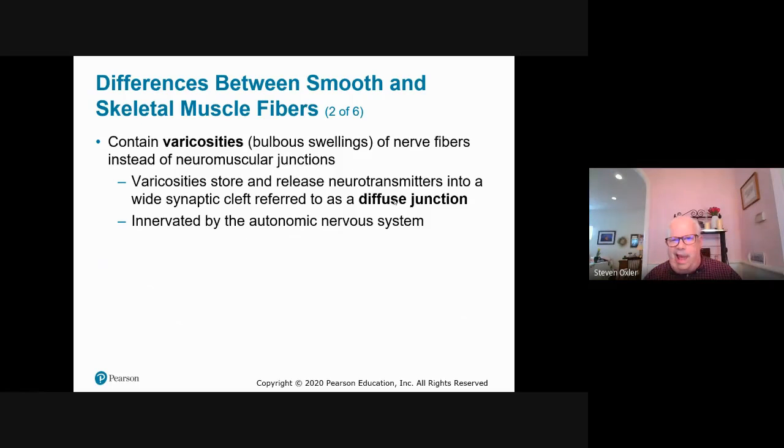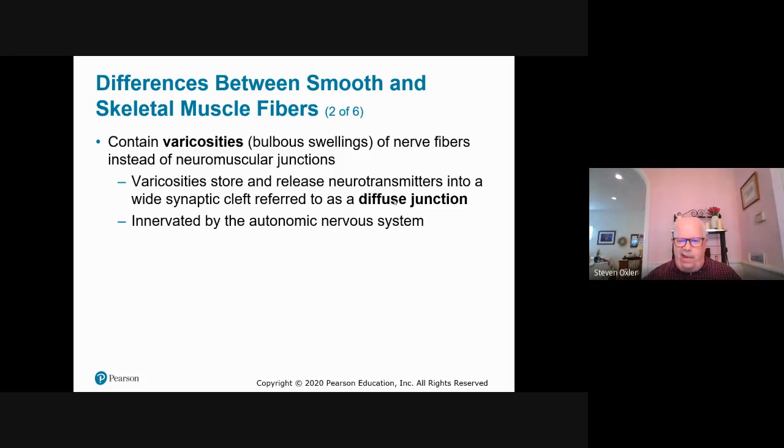It also contains swellings of nerve fibers instead of neuromuscular junctions. And those swellings are called varicosities. And these varicosities in smooth muscle store and release neurotransmitters. And basically, the neurotransmitter is still acetylcholine.